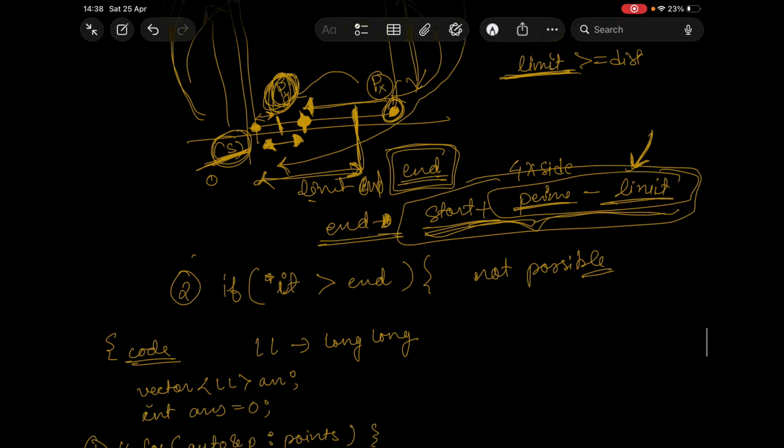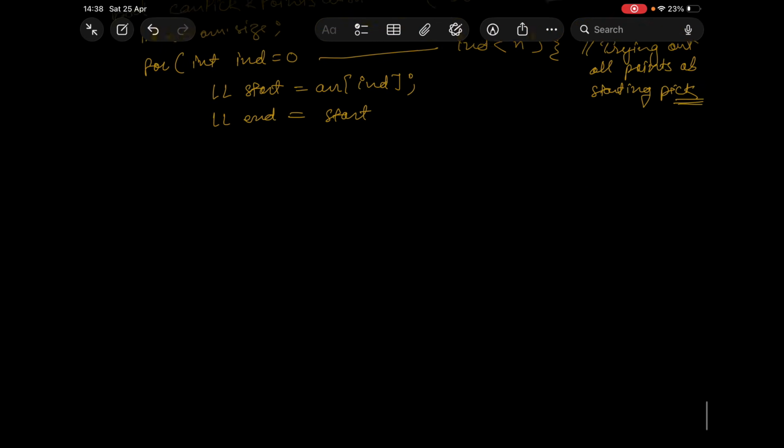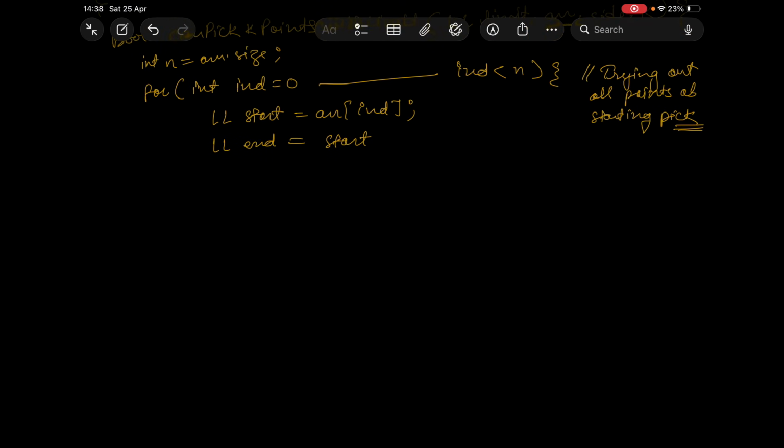So this is what my end is. We are calculating this to check that our next point that we are getting every time should not be greater than this end. 4 ll into side minus limit.